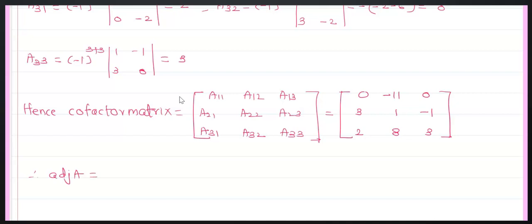Now its adjoint. Therefore, the first row will become the first column, the second row the second column, the third row the third column.